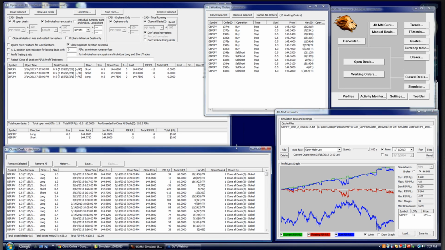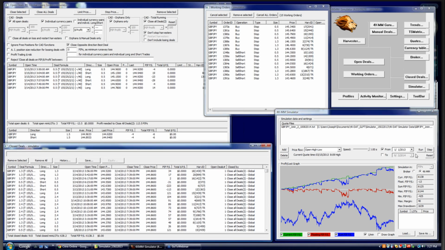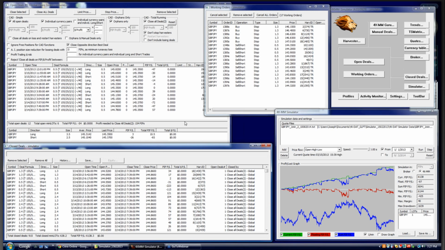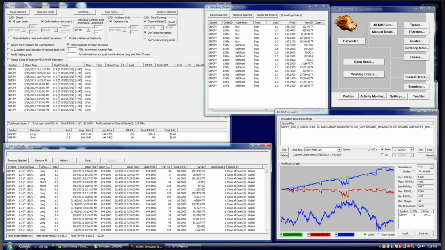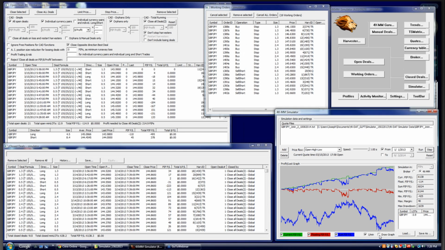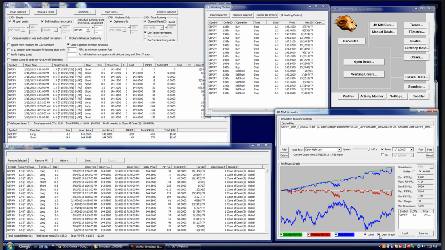If you noticed, we just had a pretty good drawdown here. When I say good, I don't mean it was good, but big. No drawdown is ever good, but you can make money without a drawdown. See how this red line came down quite a bit under the zero line.